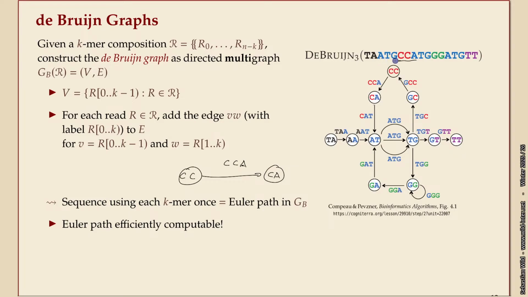There are 3 occurrences of ATG, the blue ones, and so there are 3 edges for ATG. Of course, there are parallel edges, so this is a multigraph where I might have several edges connecting the same pair of vertices. These have to be parallel edges because they're the same strings. They'll go from the same source to the same target if I take substrings. So that shouldn't be surprising.